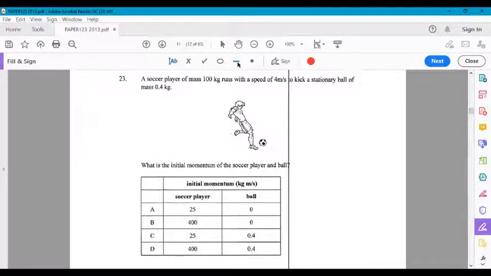Let's look at the information we have. We know that the mass of the soccer player is 100 kilograms. We know that he had an initial speed of 4 meters per second to kick a stationary ball. That gives us some information as well. What information does that give us?